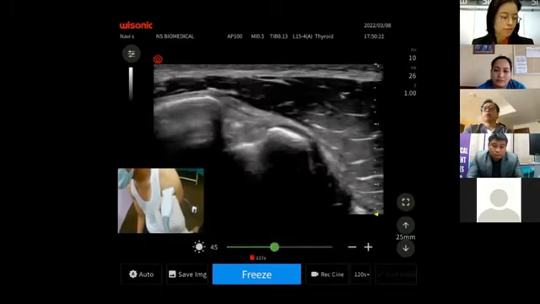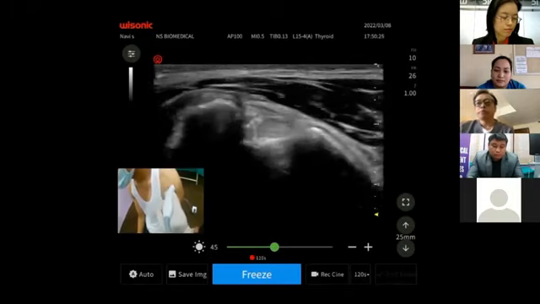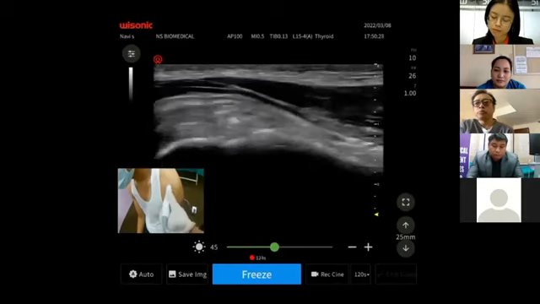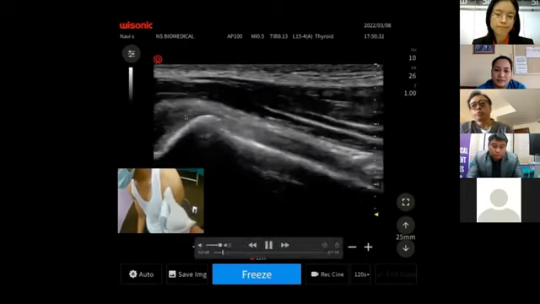So once we see the biceps tendon in the short axis, what I do is carefully turn my probe 90 degrees to see the biceps tendon in the long axis.